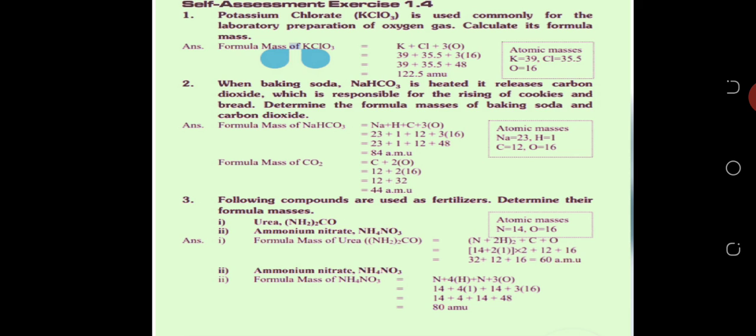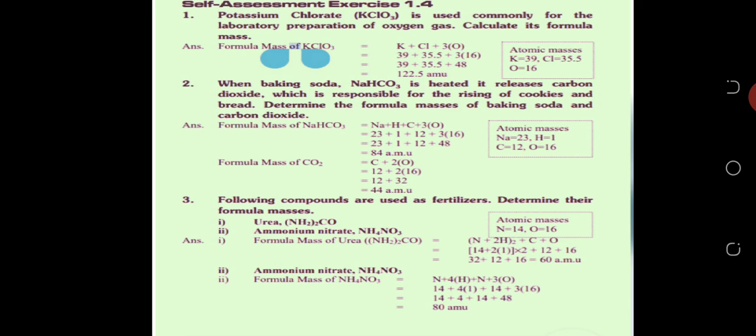Coming to baking soda, you know very well that baking soda is used in biscuits, cookies and bread for baking purposes. We have to find the formula mass of baking soda and carbon dioxide. Baking soda is sodium hydrogen carbonate, or sodium bicarbonate. 23 plus 1 plus 12, plus 3 multiplied by 16, we will get a total of 84 AMU.